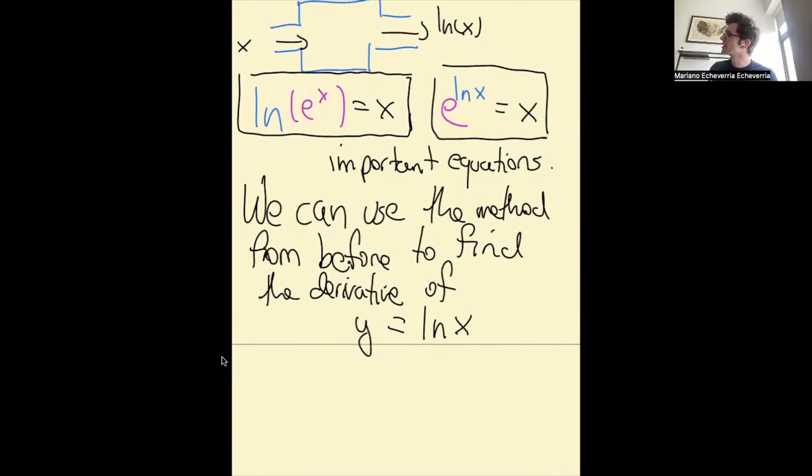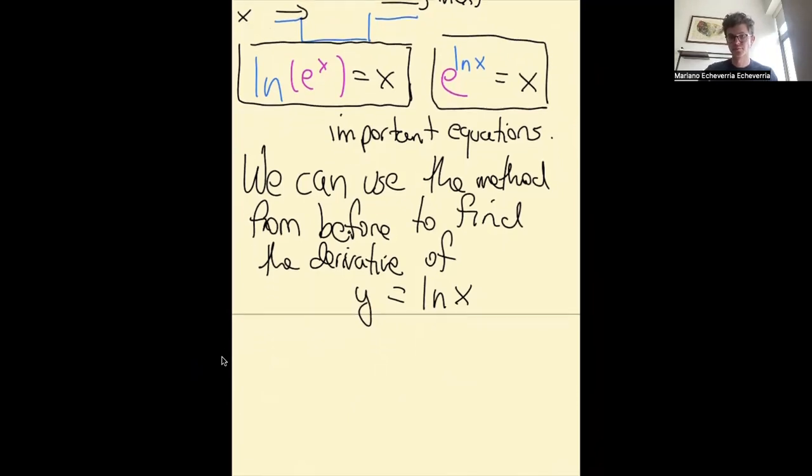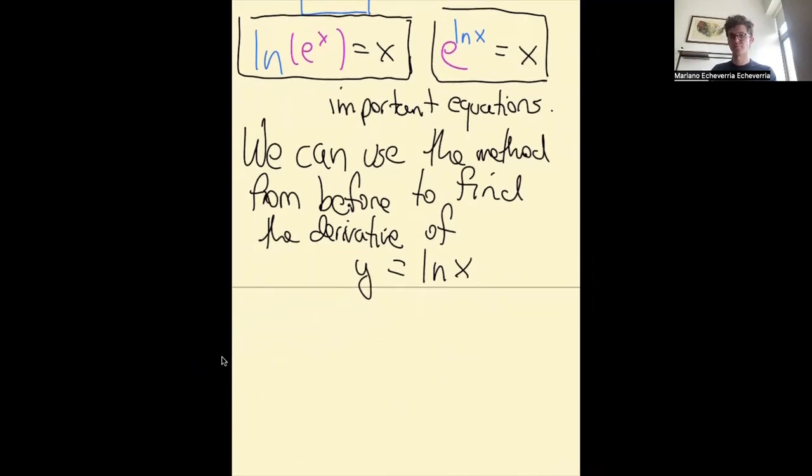So how can we do that? First, in this case, I'm going to assume that we already know the derivative for the exponential, which I had already given to you.